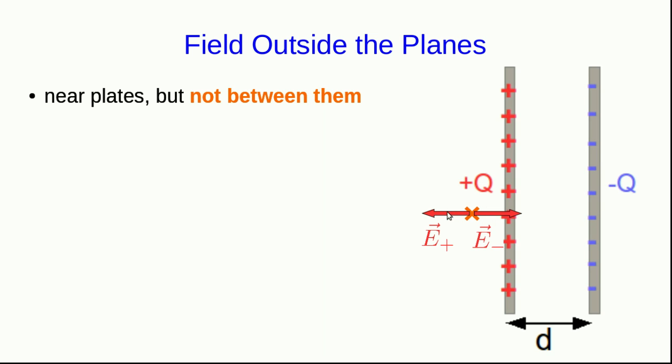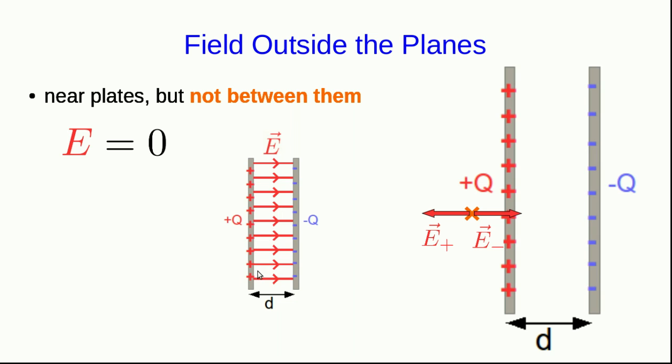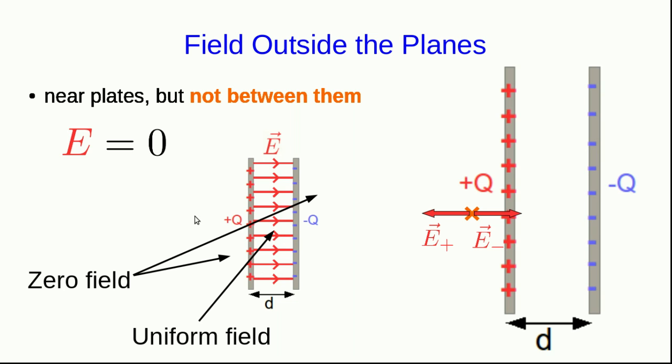Again, these have equal magnitude, the magnitude we get due to an infinite plane, and they're in exactly opposite directions, and so they cancel. The E field here is 0. So when we draw a picture like this, we really do mean that there's a uniform field in between the planes, and also, as drawn, there's a 0 field outside the planes.